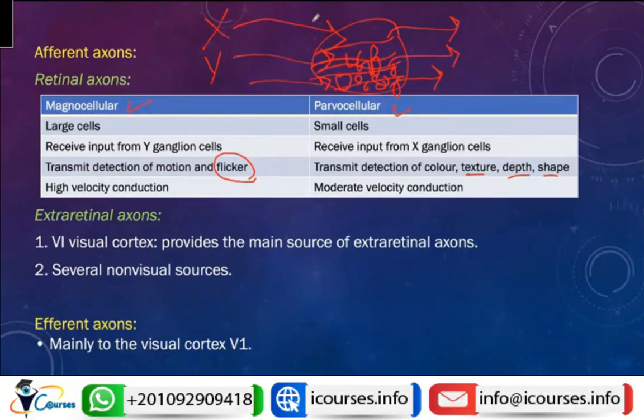Also, there are some areas within the brain that will give stimuli to the lateral geniculate body, like the visual cortex. The visual cortex will provide the main source for the extraretinal axons and other non-visual sources. The lateral geniculate body will project mainly to the visual cortex. So area 17, or V1, will be the main area of projection.